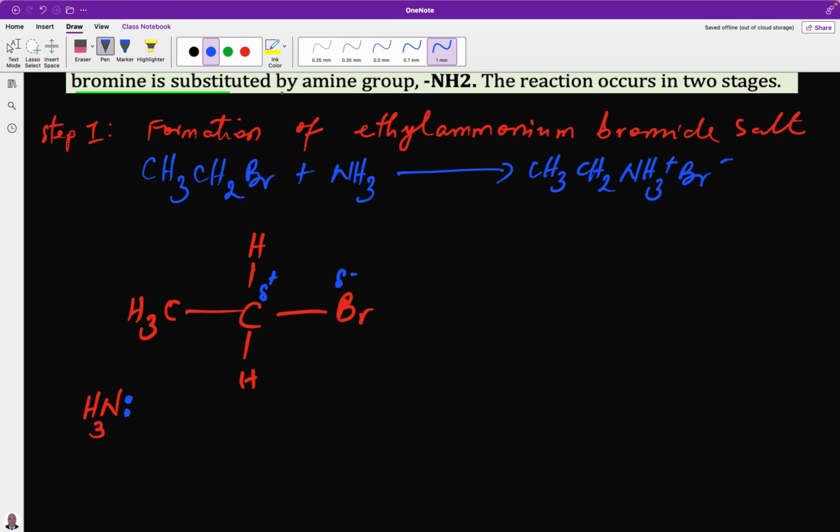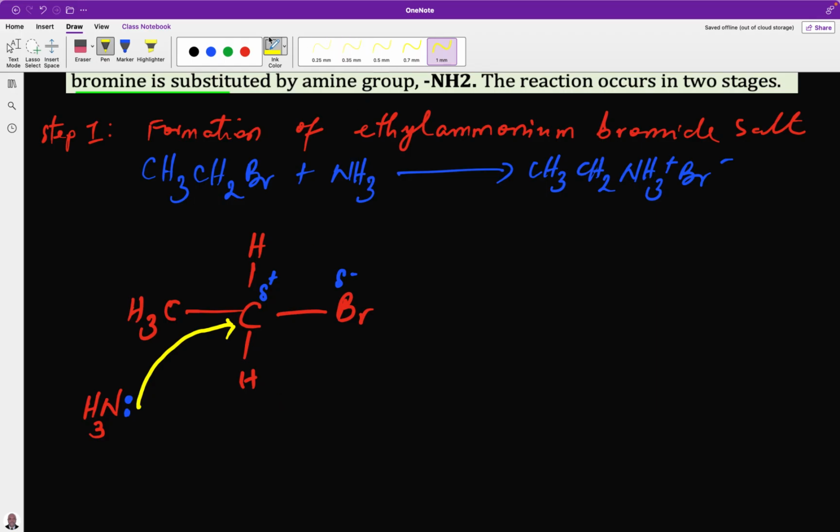So what happens? There is attack from behind, as we have been saying. SN2, the attack from behind. That's an attack by the nucleophile.